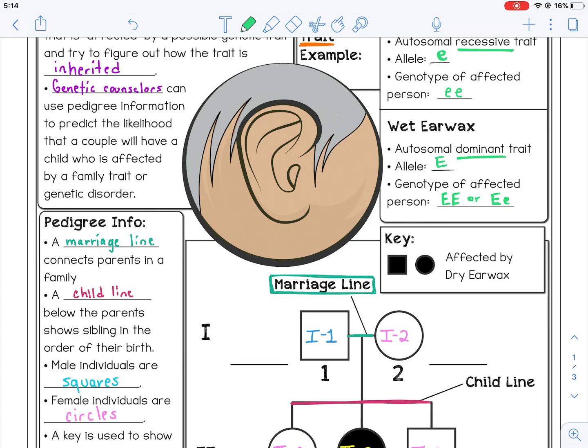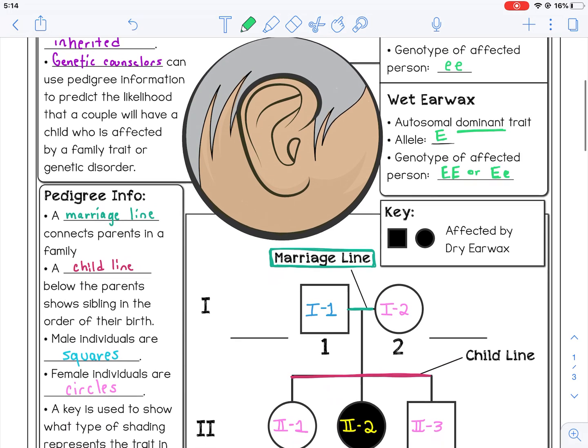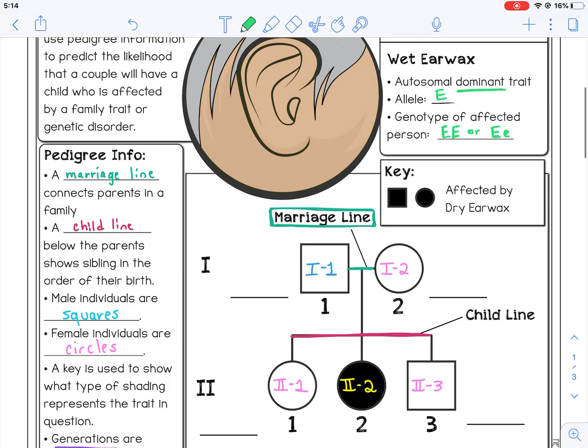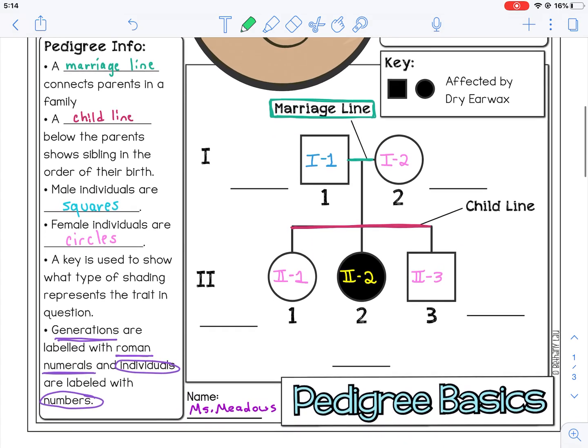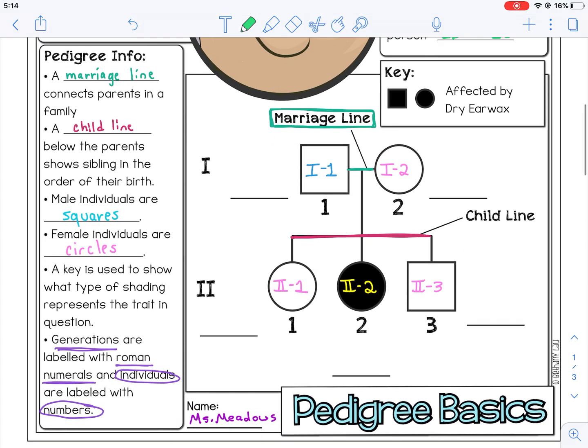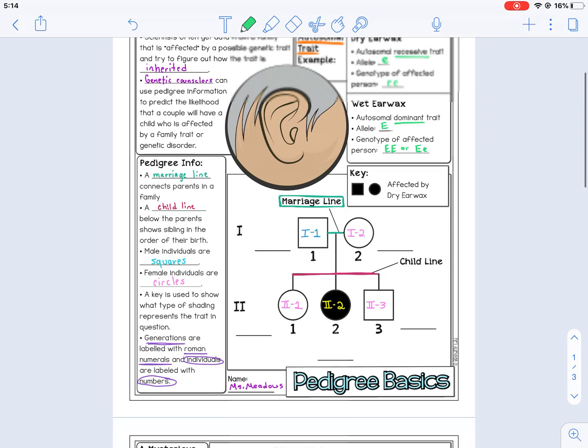Okay, so now let's use the information that we have to complete the pedigree. So we said that a key is used to show what type of shading represents the trait in question.